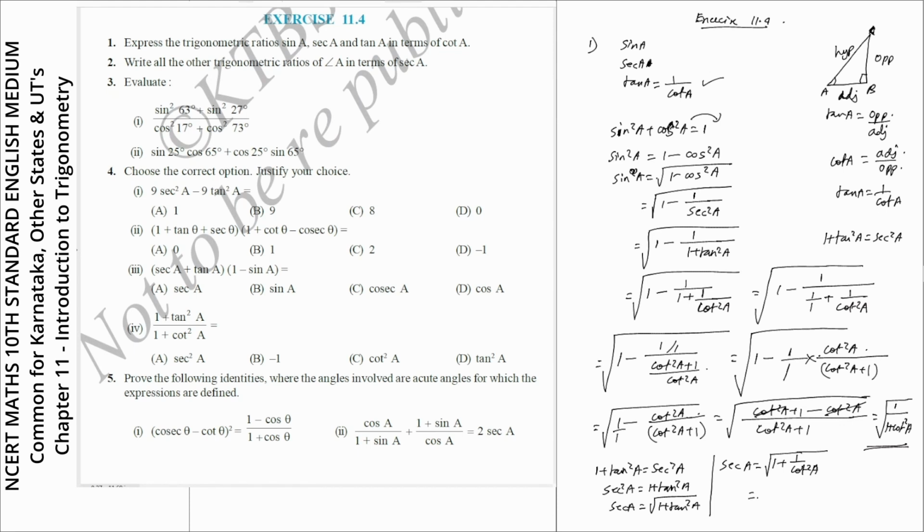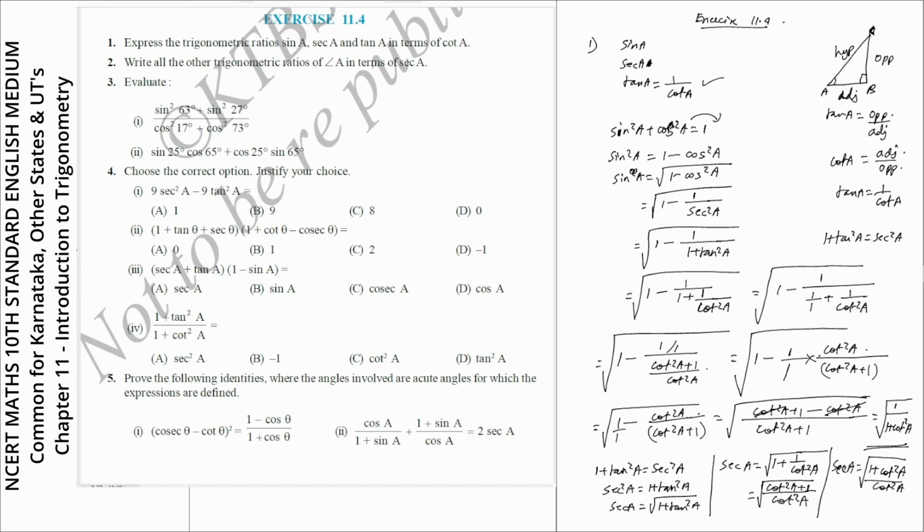So now this is equal to square root of, I'll take the LCM. If I take the LCM, I'll get cot square A in the denominator. In the numerator, cot square A plus 1 I will get. So secant A is equal to, in the numerator, 1 plus cot square A remains as it is, and cot square A in the denominator.